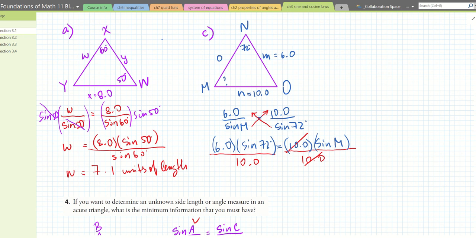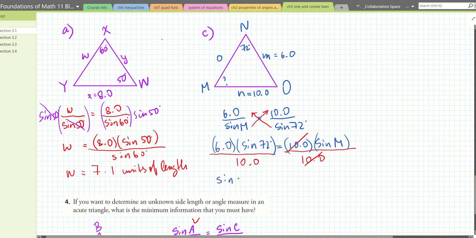So here's what we know right now. We know that sine M equals 6.0 times sine of 72 degrees, again, make sure you calculate it in degrees, over 10.0. So you're going to calculate what this is. Whenever you do this on the calculator, you want to leave the answer on the calculator.